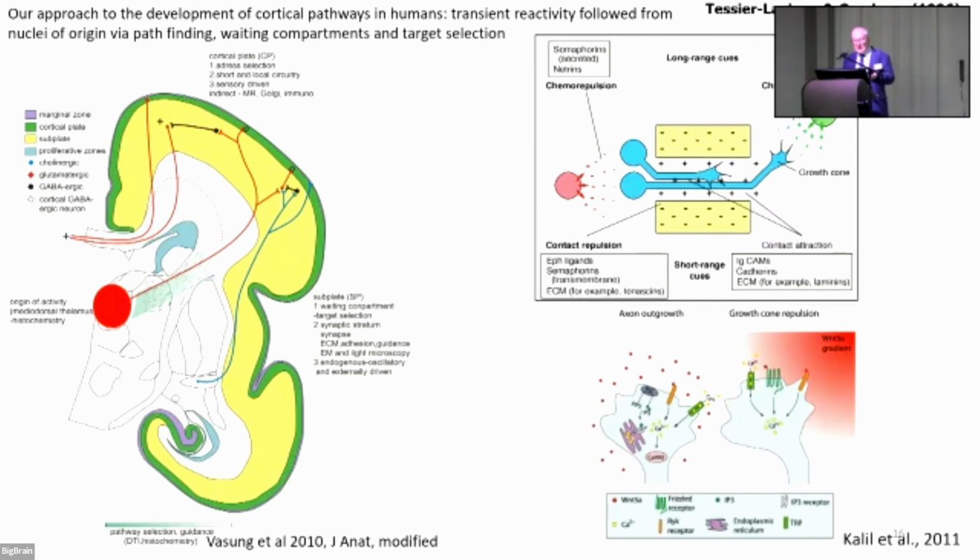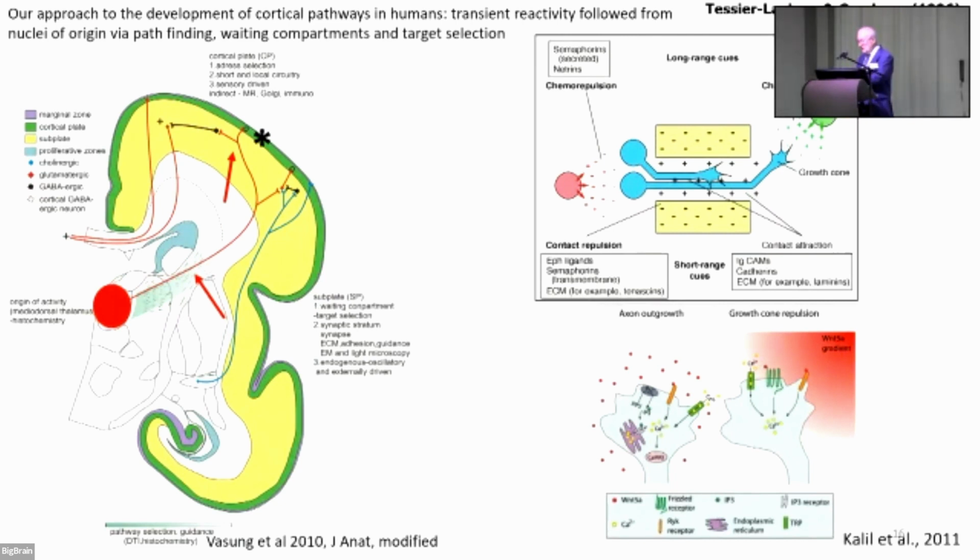First you see the reactivity in the thalamus, then you see reactivity in the capsula interna and thalamocortical radiation, then you see activity in the subplate, and finally you see activity in the cortex. So we know from where and how fibers are distributed.